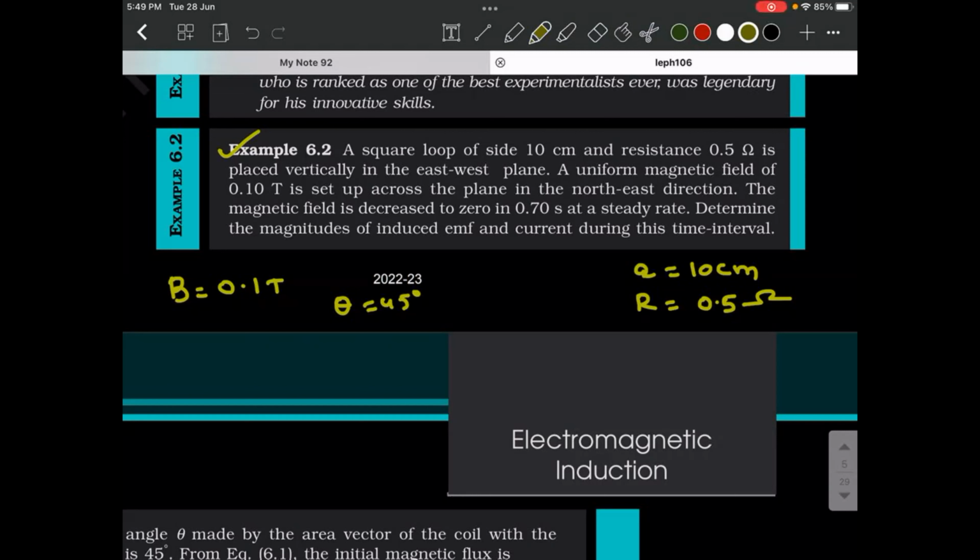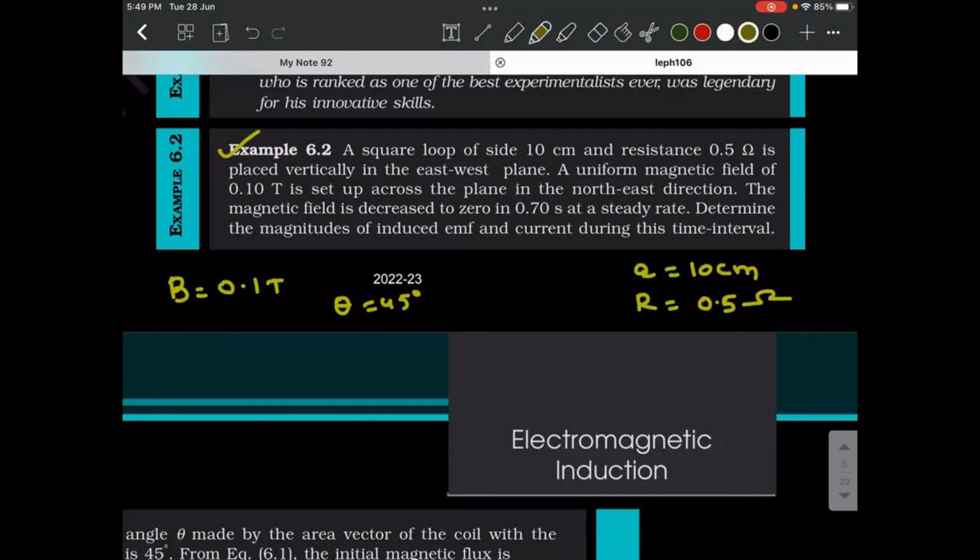This is placed vertically. Now with respect to your book, you can take it like this. Area vector is like this. Magnetic field is in this direction. So it is in the northeast direction.